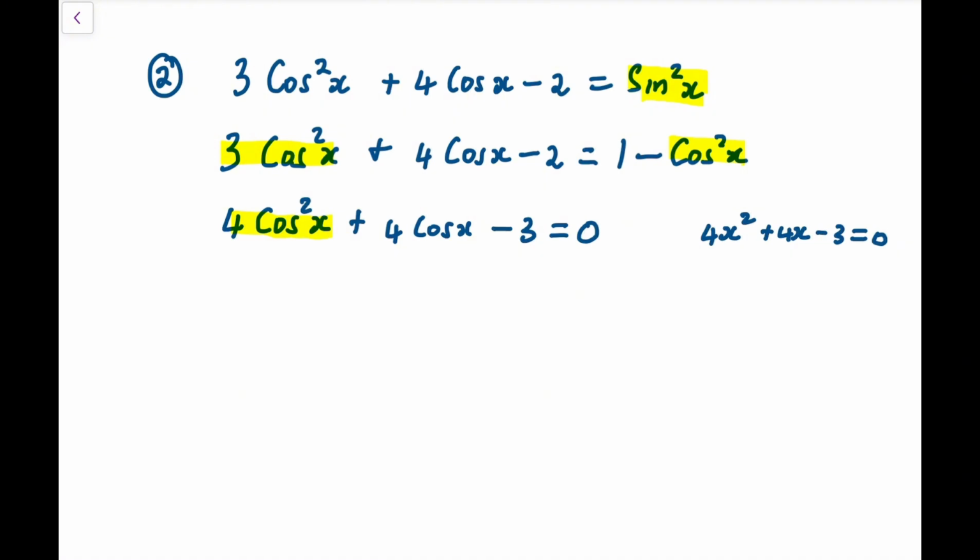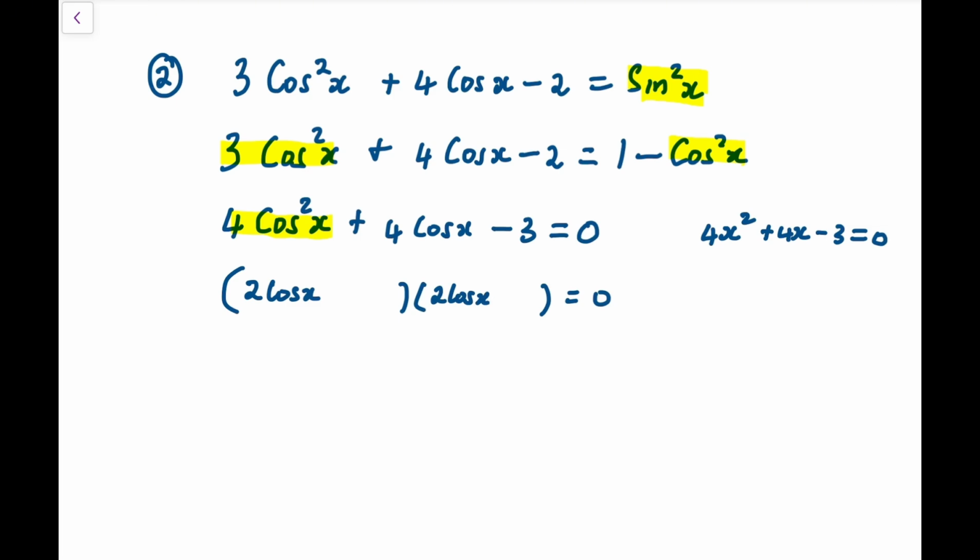We can factorize this. You can even use a quadratic formula if you want to. If you want to use a quadratic formula, your a is equal to 4, b is equal to 4, c is equal to minus 3. But we can always factorize here, 2 brackets. If we factorize, we are going to have 2 cos x, and then here again we have 2 cos x.